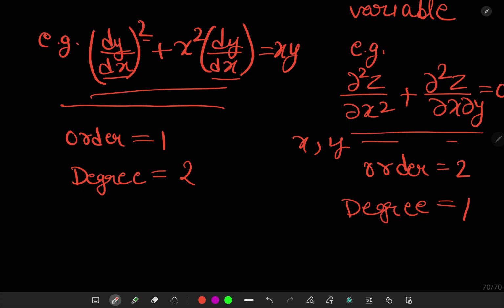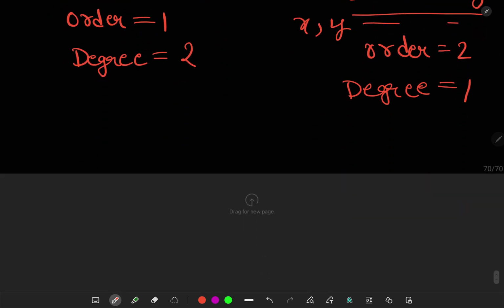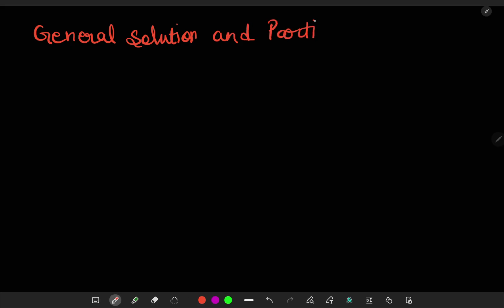For solving a differential equation, there are the general solution and the particular solution.